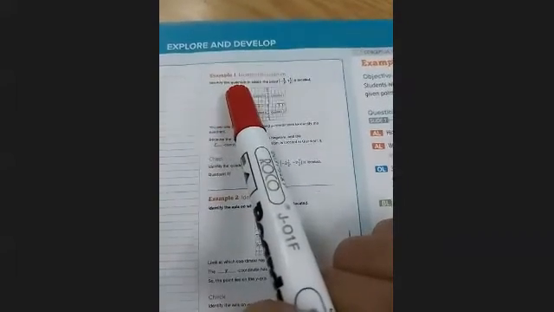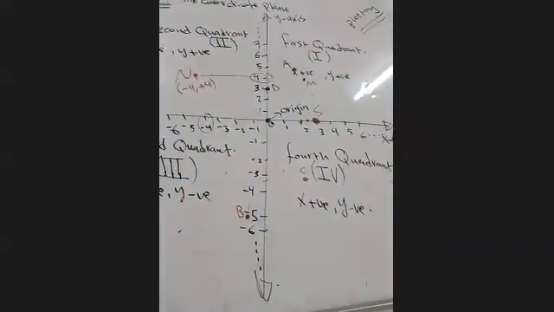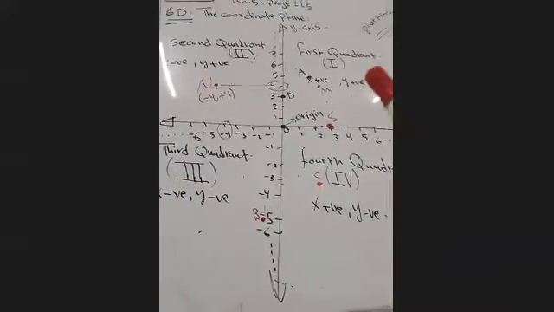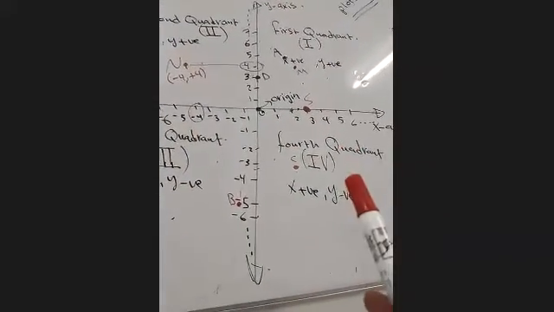Define the quadrant in which the point negative 3 over 4, 1 and 1 over 2 is located. The question wants us to identify the quadrant in which the point (-3/4, 1.5) is located. In the first quadrant, second quadrant, third quadrant, or fourth quadrant?